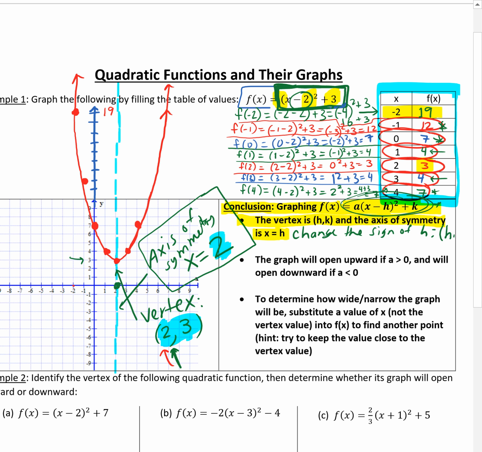If it was positive, make it negative. But notice the value of k, the y value of the vertex, was positive 3 here, and it stayed positive 3 when I wrote my vertex. So you keep the same sign for k. That's kind of confusing to remember.